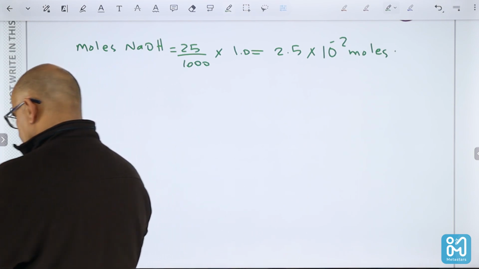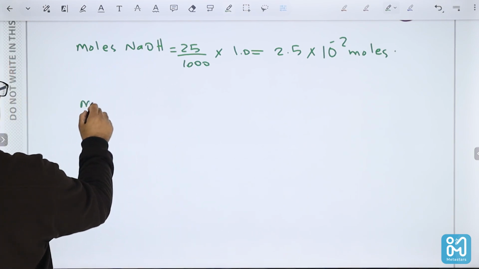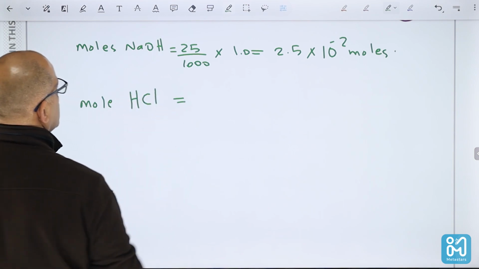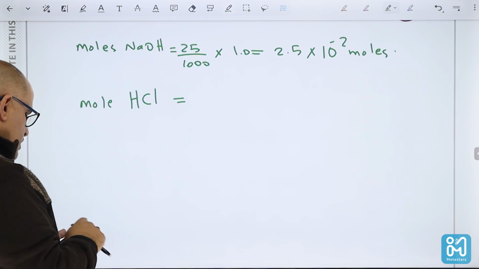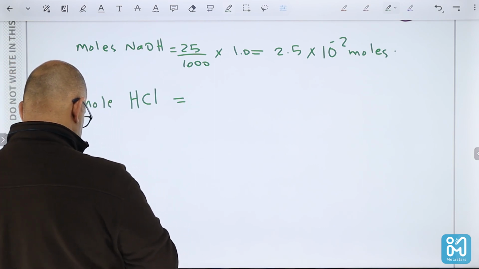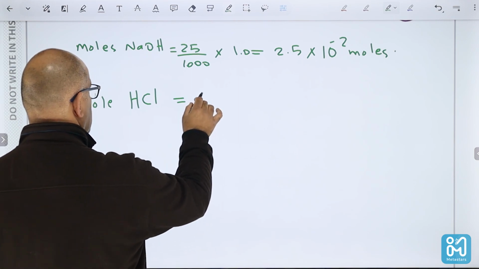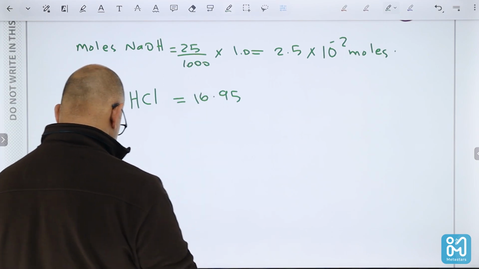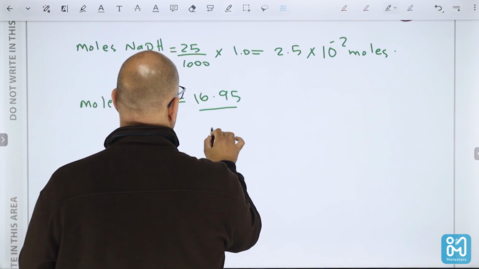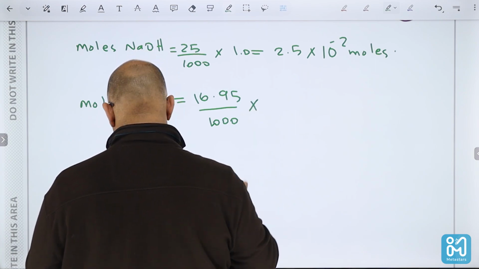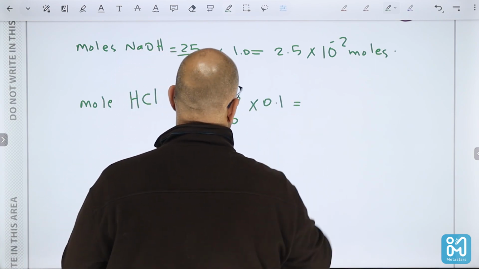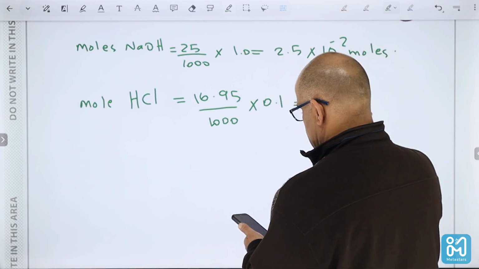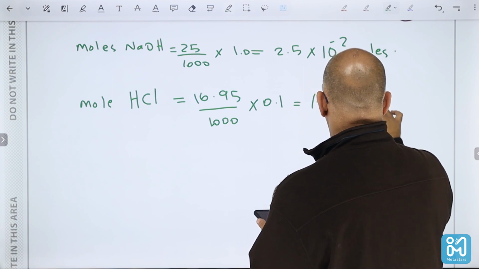Then you will find the moles of HCl in the sample which is taken from the standard solution. This equals 16.95, from the question, over 1,000 times 0.1, its concentration. So this will give you 1.695 times 10 to the power negative 3 moles.